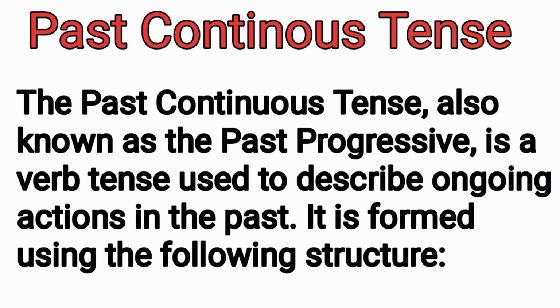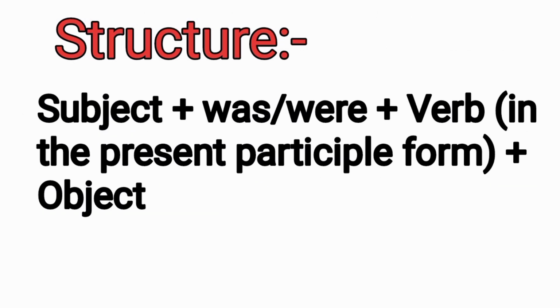It is formed using the following structure. I would like to share the structure with you, so practice it and make sentences using it. It will help you to improve your past progressive tense, which is the past continuous tense.